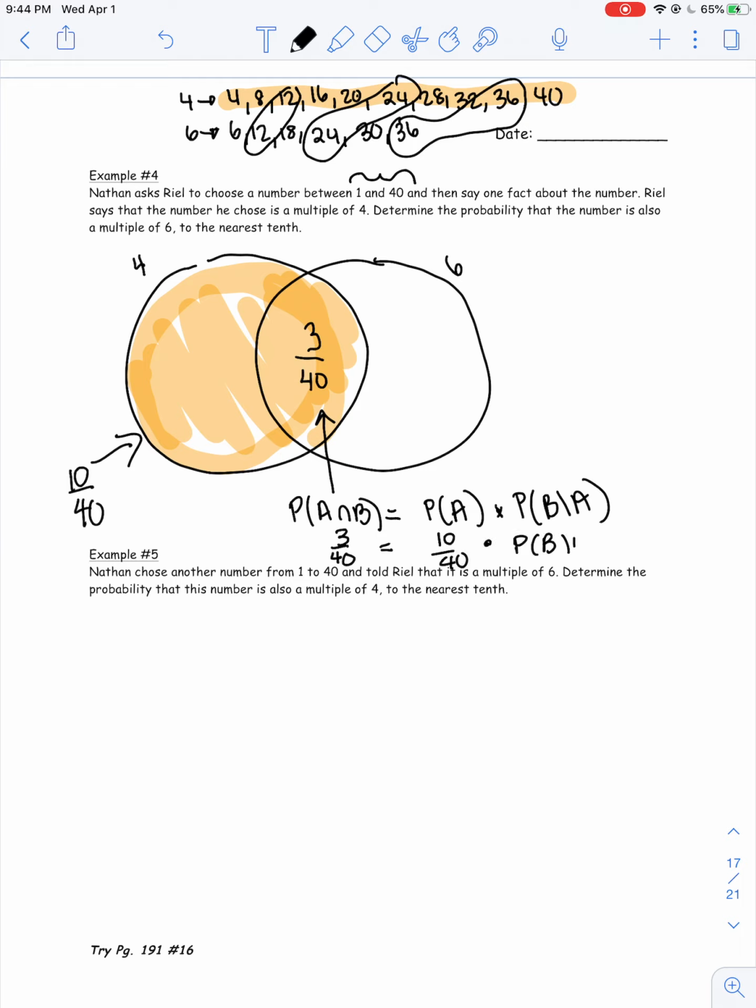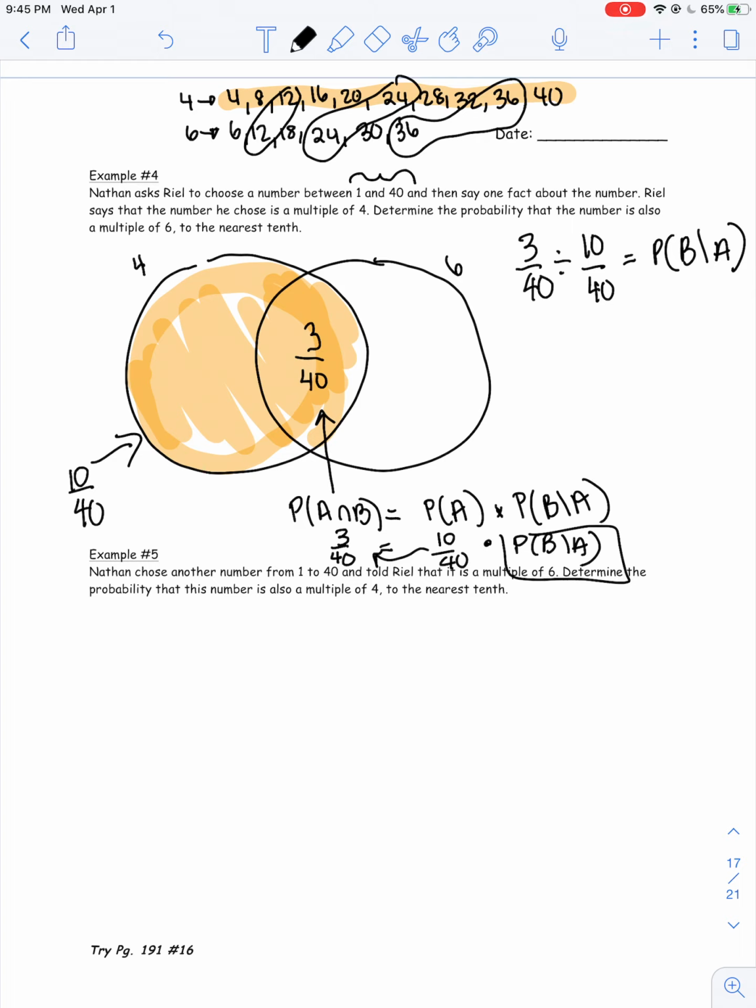And then the last part is just to solve this. It's just about doing math. To isolate for this, you need to bring this to the other side. So it's going to be 3 over 40 divided, because they're currently multiplying, so you want to do the opposite. Divide both sides by 10 over 40. And that's the probability of B occurring, meaning being a multiple of 6 if you already know it's a multiple of 4.